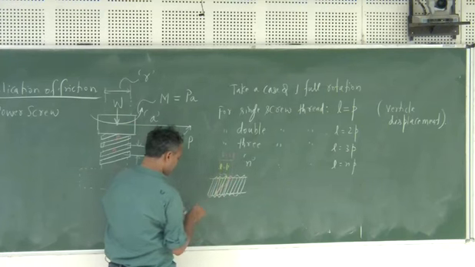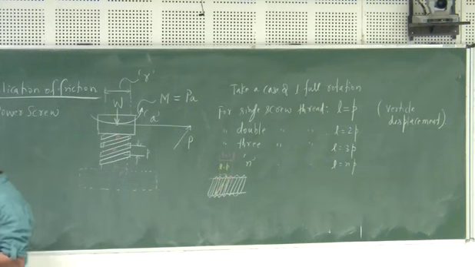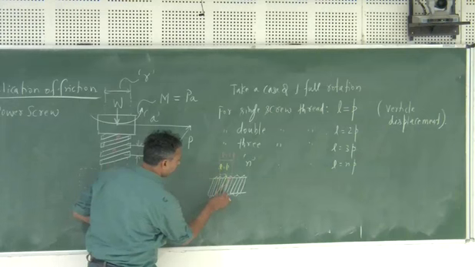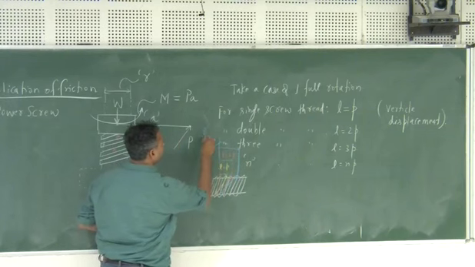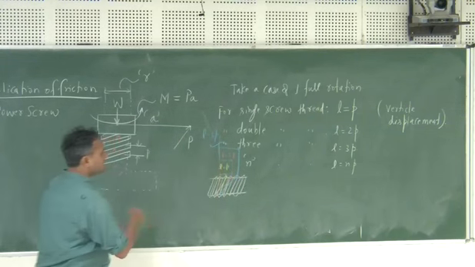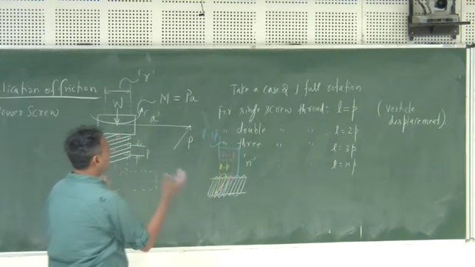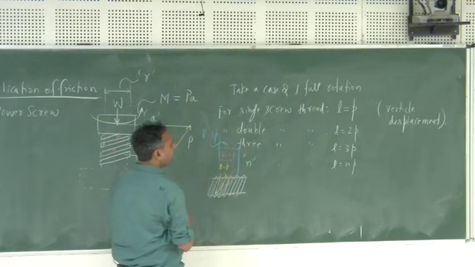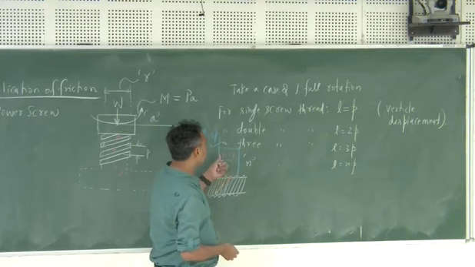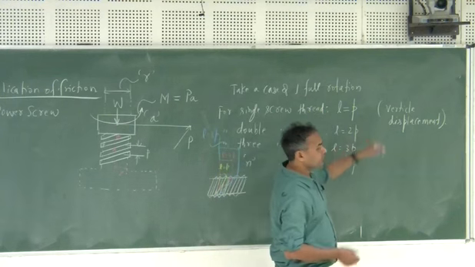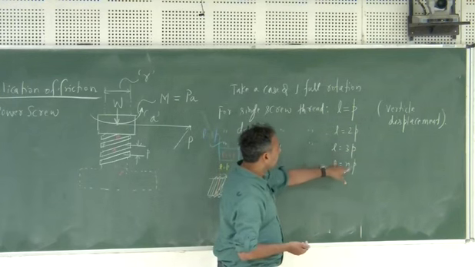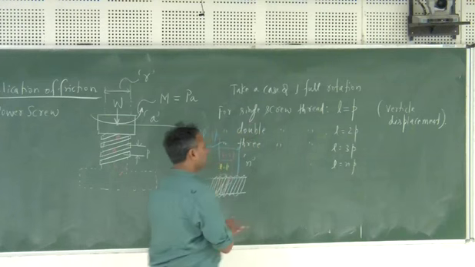Similarly, for the 3 case, this point goes further, so your L over here becomes 3P. So this is how you differentiate the different thread screws: the vertical displacement will be n times the pitch of the thread.